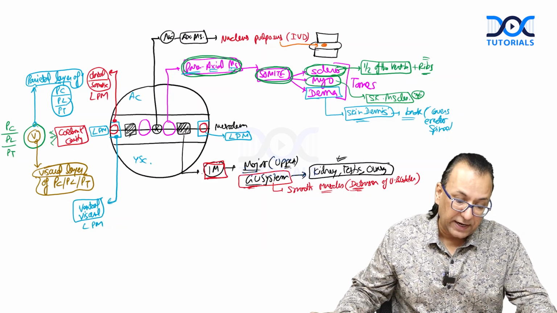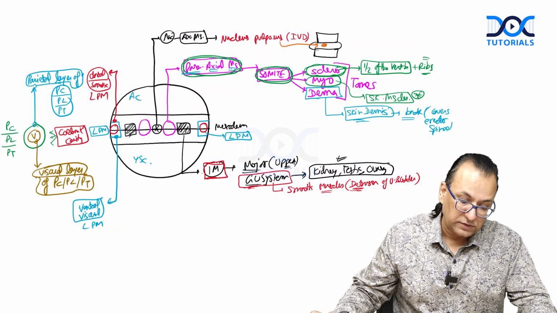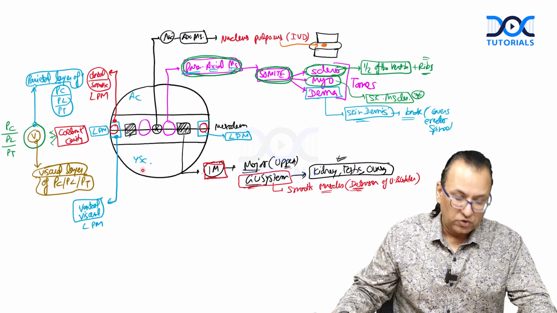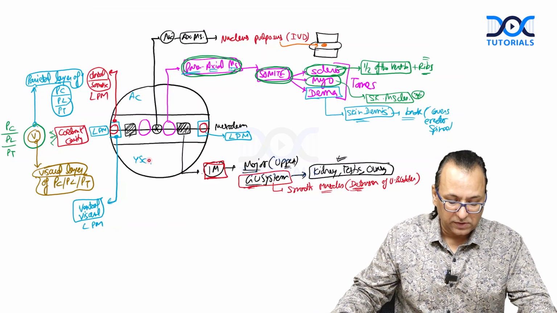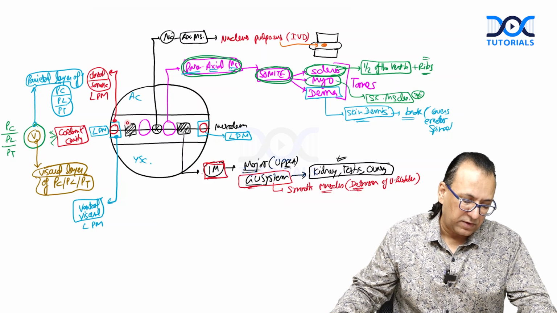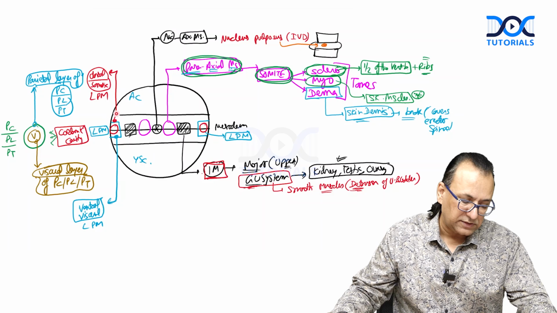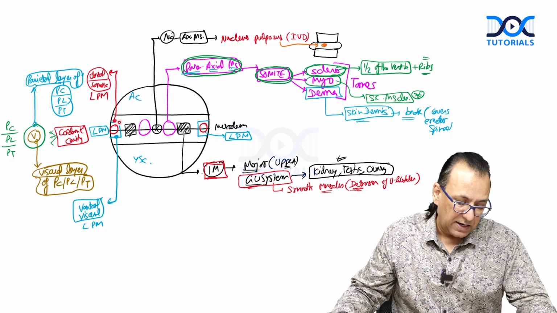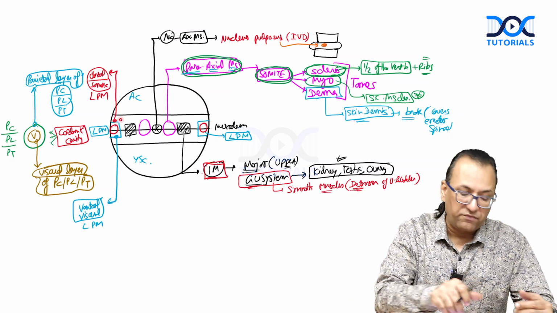As you can understand, the one which is towards the yolk sac is considered as visceral. So this portion of the lateral plate mesoderm towards the yolk sac is called as ventral visceral lateral plate mesoderm, and the one which is towards the amniotic cavity towards the ectoderm is called as the dorsal somatic lateral plate mesoderm.